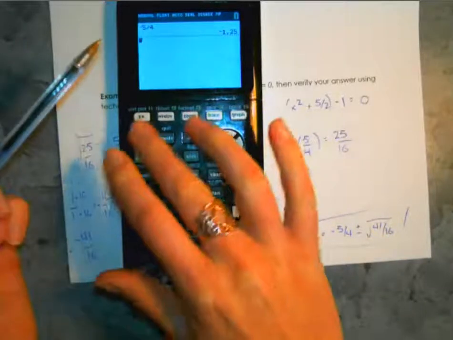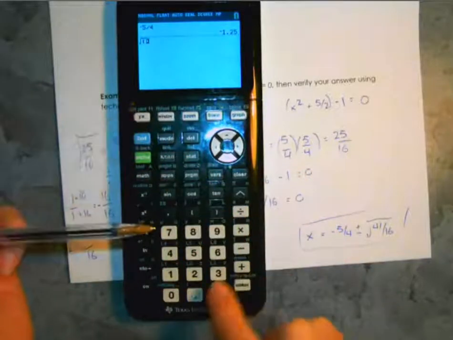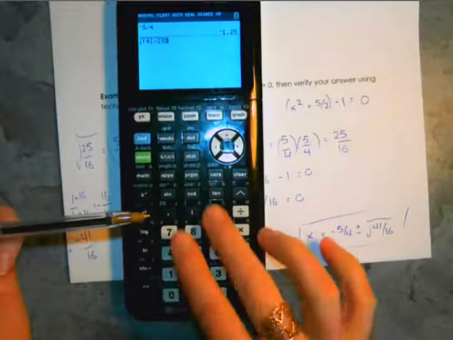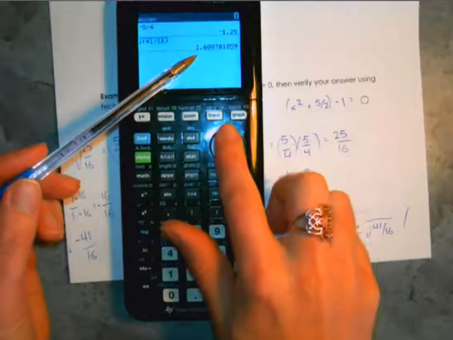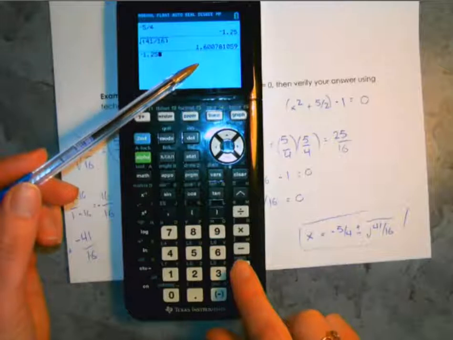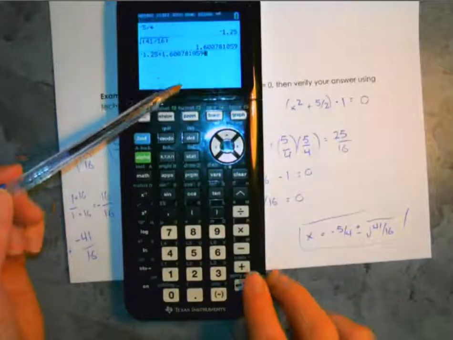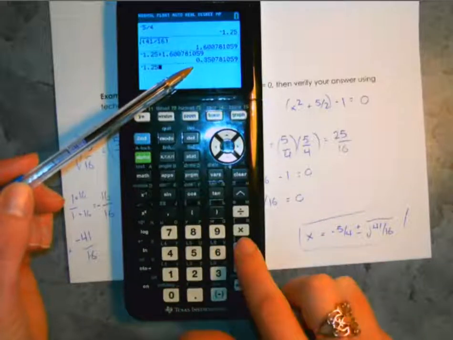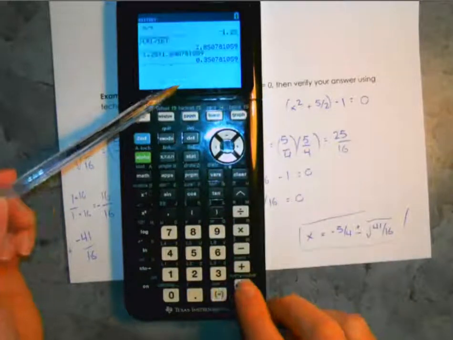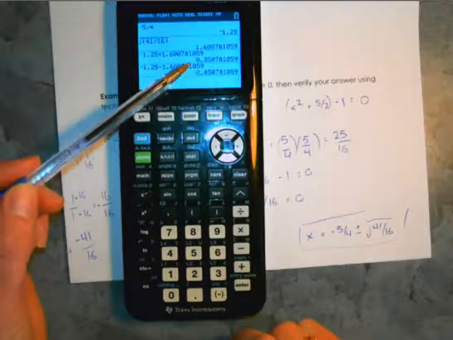Then we need to find the square root of 41 over 16, which gives us 1.6. So basically, negative 1.25 plus this value would be one of our roots, and negative 1.25 minus this value would be our other one. So these are our two possible roots.